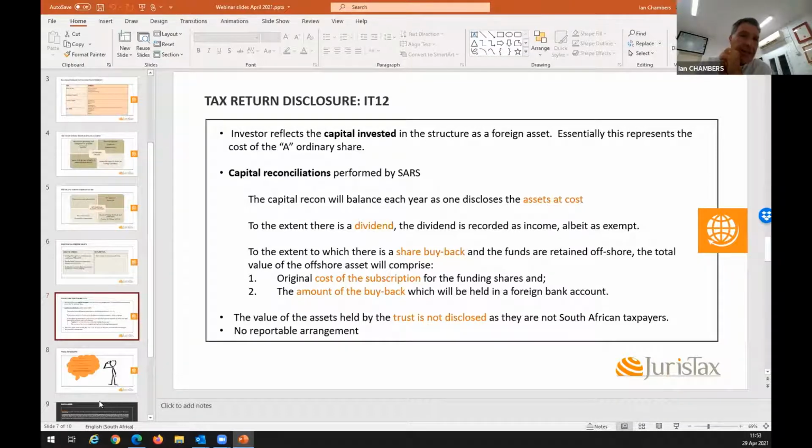So SARS is capable of performing a capital reconciliation. And what that basically means is SARS adds up the total income earned by a taxpayer in any tax year, takes off his living expenses and his tax liability, and then determines whether the increase in his capital justifies the amount of increase in capital that he actually has disclosed.